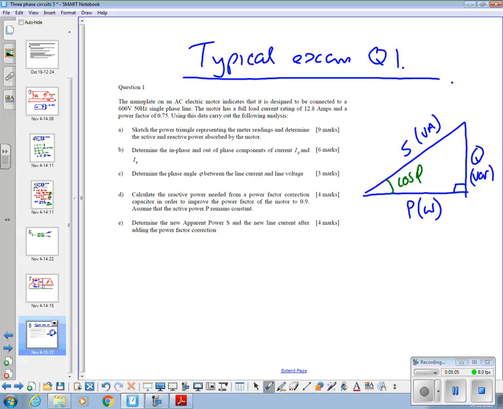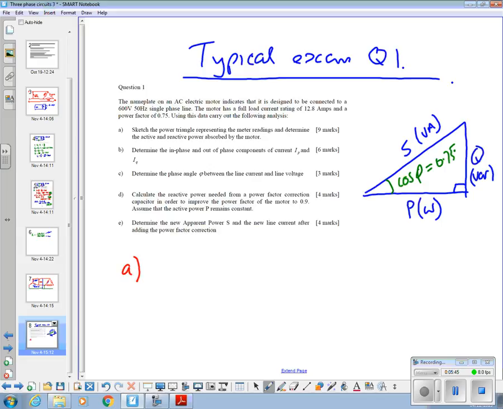Cos of the angle, 0.75. Yep, good one. So we can start this problem. So that's part of A, okay? And you get some marks for getting all of that information on there.